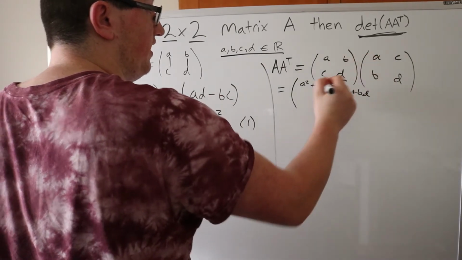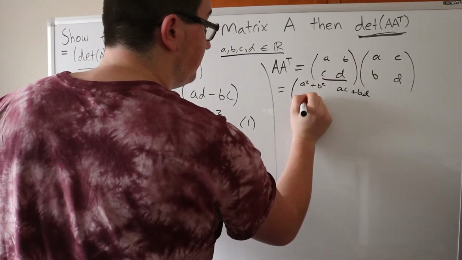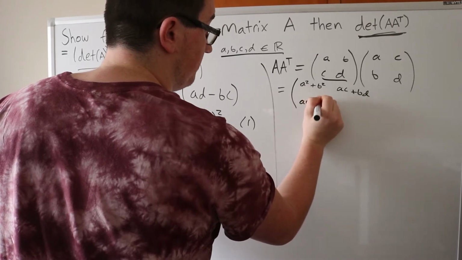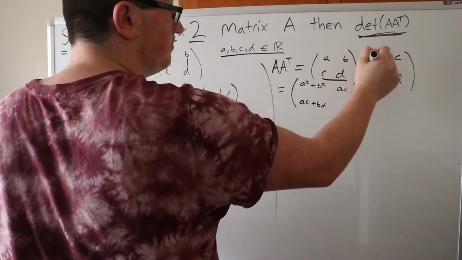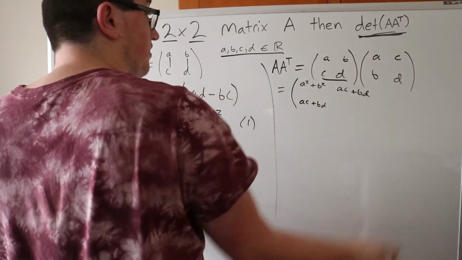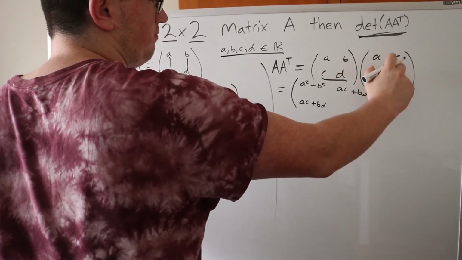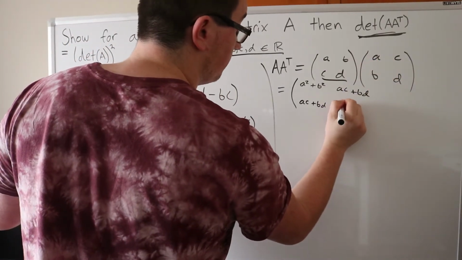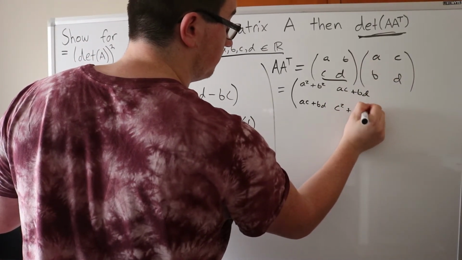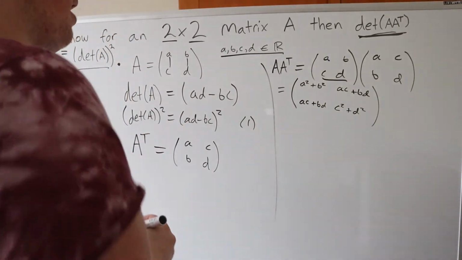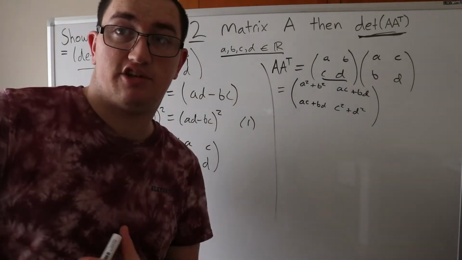So we get the same thing as this: AC plus BD, because C times A plus D times B is exactly that. And then our last element is C squared plus D squared. Okay? And that is A A transpose.